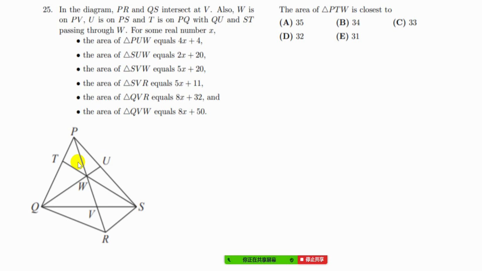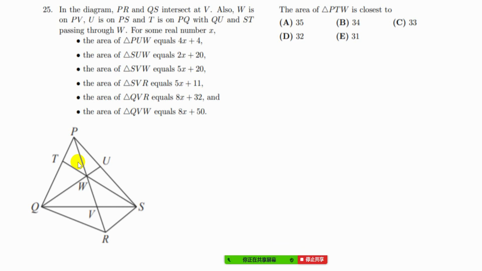The area of triangle SVW equals 5x plus 20. The area of triangle SVR equals 5x plus 11. The area of triangle QVR equals 8x plus 32. And the area of triangle QVW equals 8x plus 50. And it asks, the area of triangle PTW is closest to.